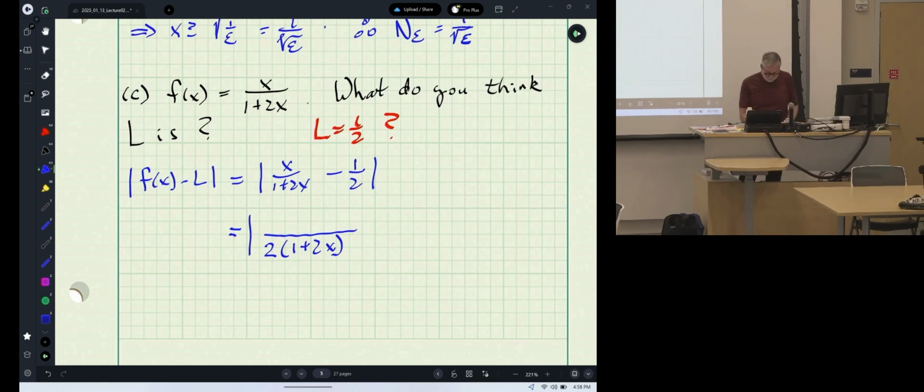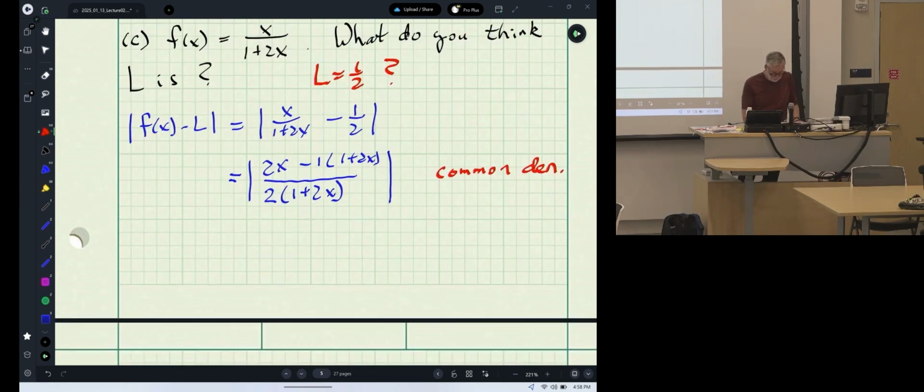And then we're going to have 2x minus 1 times 1 plus 2x. Okay, so that's putting everything over a common denominator. Then we do the algebra. We see we've got a plus 2x and we've got a minus 2x.